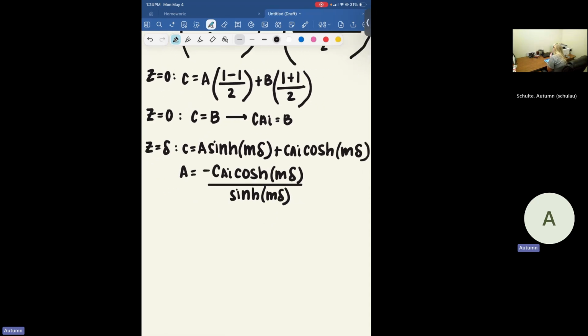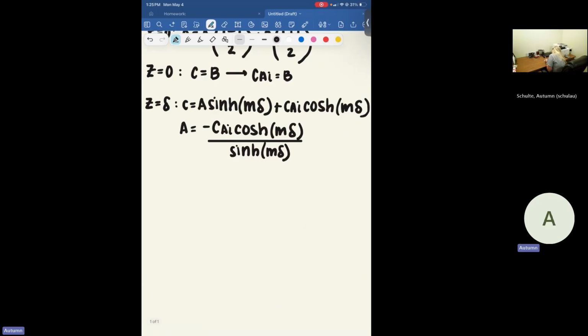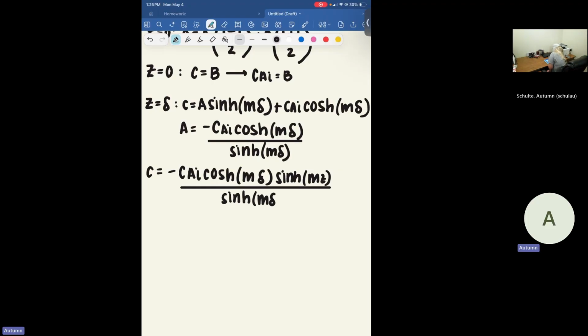So now we have both our A and B terms, so I'm going to go ahead and plug those back into our original equation up here. So this was C is equal to A, which we just said is this negative concentration at our interface multiplied by the hyperbolic cosine of m delta. And then this is multiplied by our hyperbolic sine of mz, and this is divided by the hyperbolic sine of m delta.